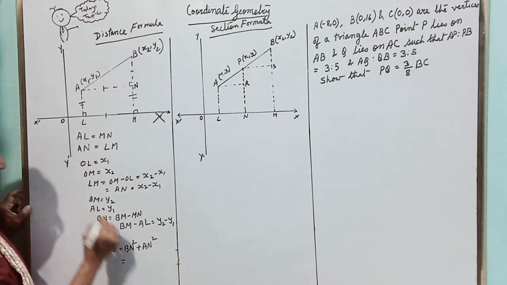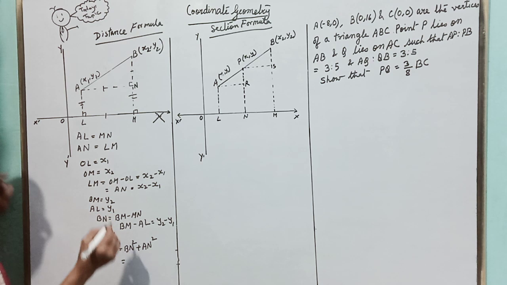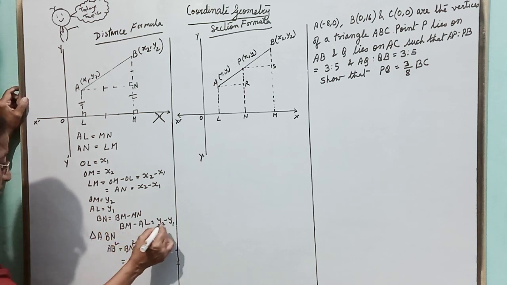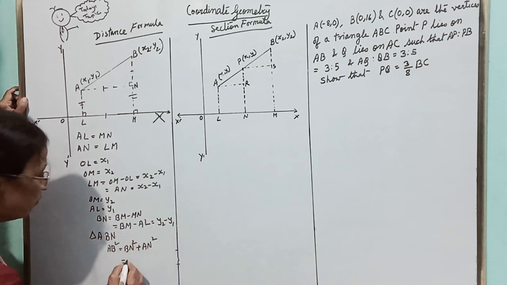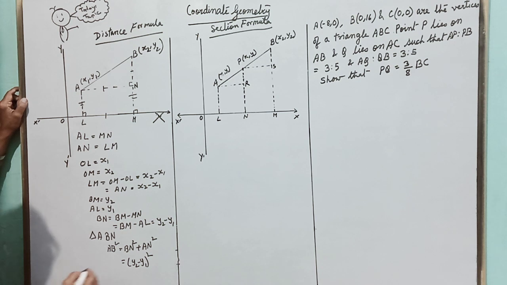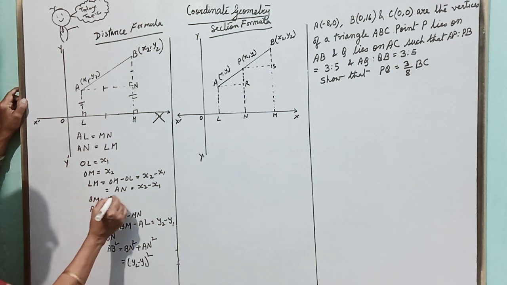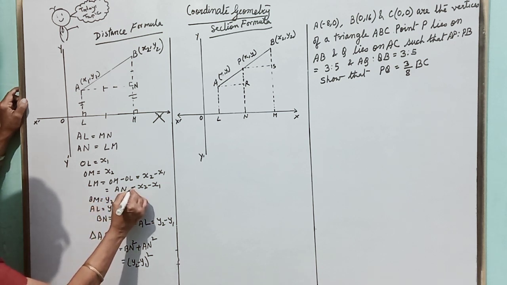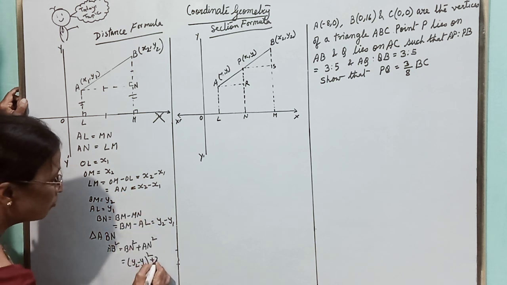Just now we have taken it. BN square is equal to Y2 minus Y1 whole square. What is AN square? AN is equal to x2 minus x1, whole square.